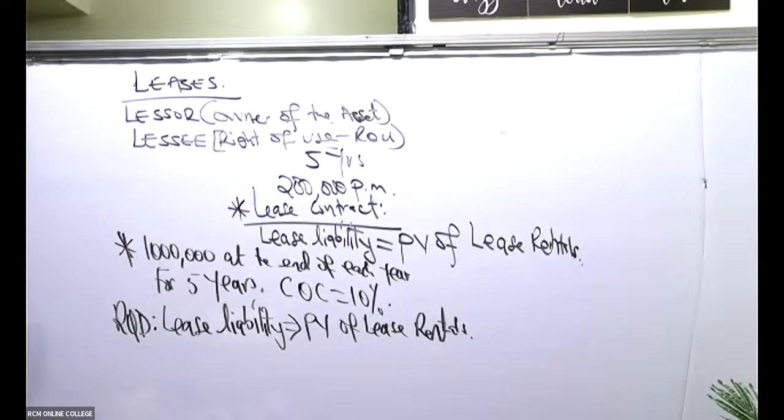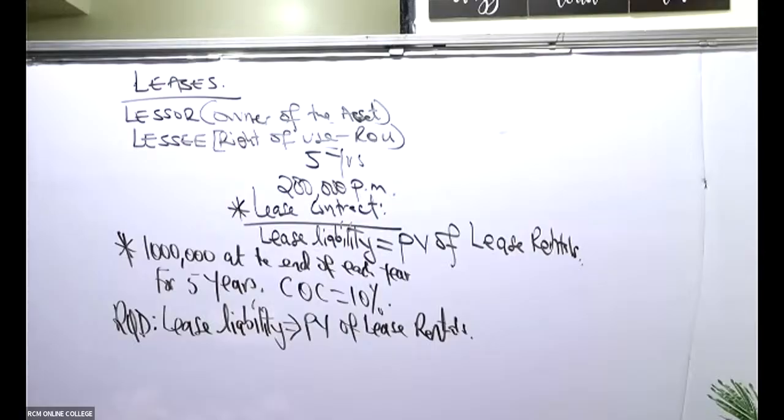Fortunately, most of us have done financial management. Fortunately, we have been able to know how to discount, and I showed you how to do this in our last class. So is there somebody who can now give this a very good shot?